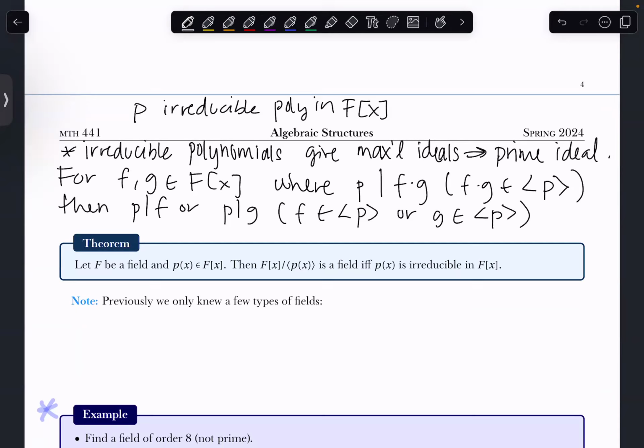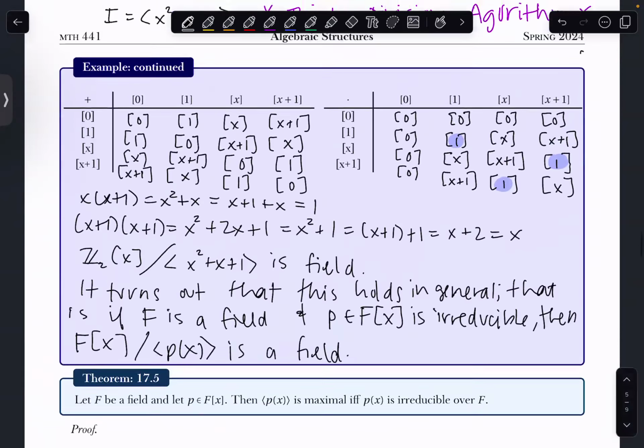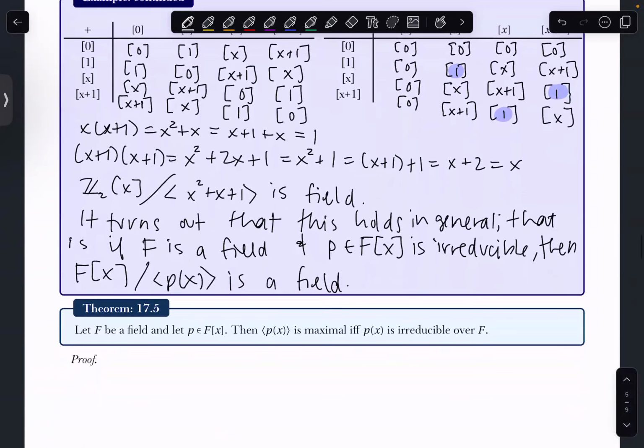So as soon as I know it's irreducible, I know the ideal generated by it is maximal, and so then I know my polynomial ring modded out by the ideal has to give me a field back out. Okay, and what we're gonna see is examples where this is happening, where we have fields of different sizes that we haven't seen before. Actually, in the example we saw previously, we have a field of order 4.